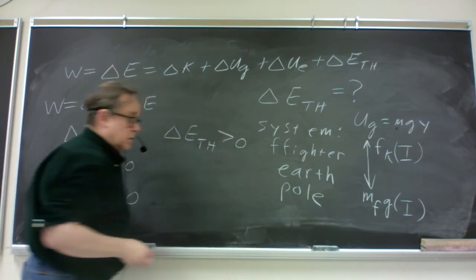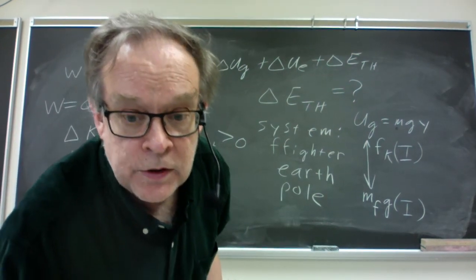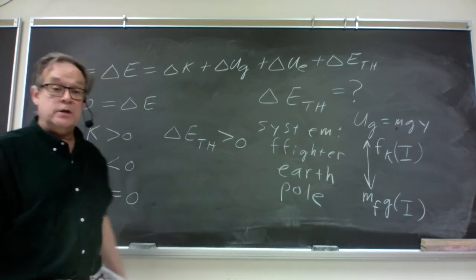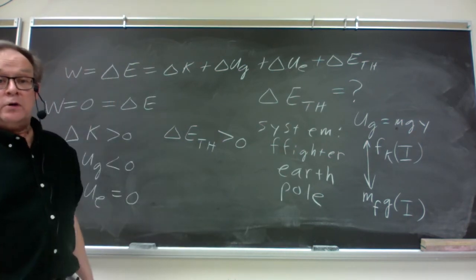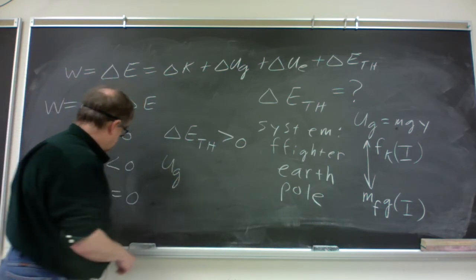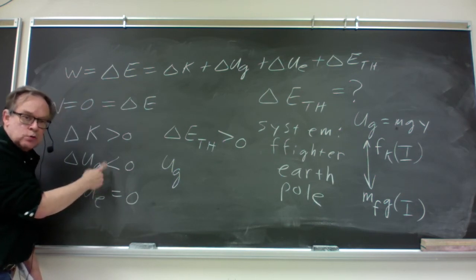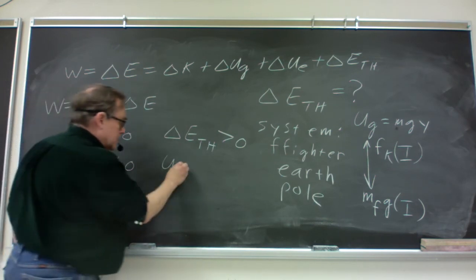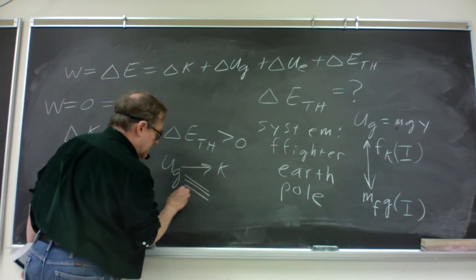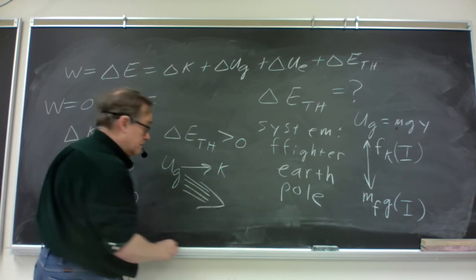So in other words, there's a transformation of some kinds of energy into other kinds of energy. We will have a lot of gravitational potential energy at the start, but then that gravitational potential energy decreases, and where does that energy go? Some of it goes into kinetic energy, and a lot of it will go into thermal energy.